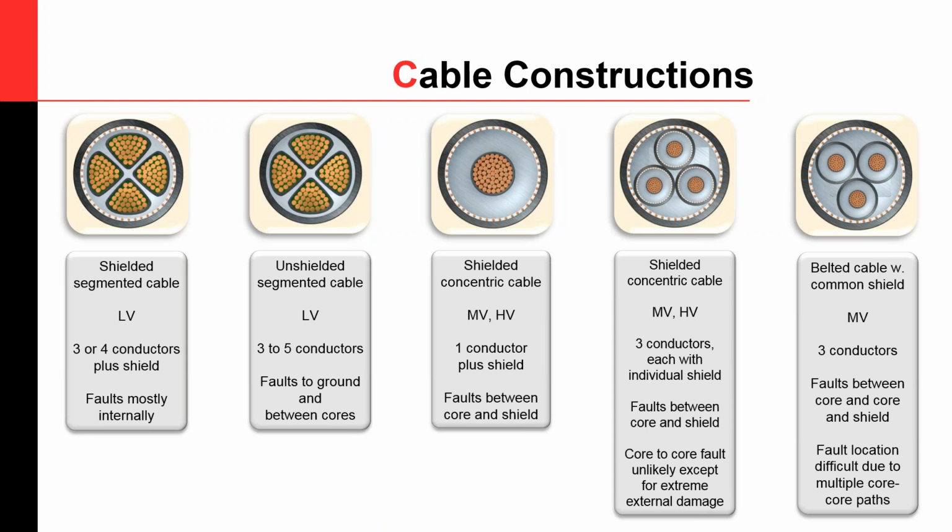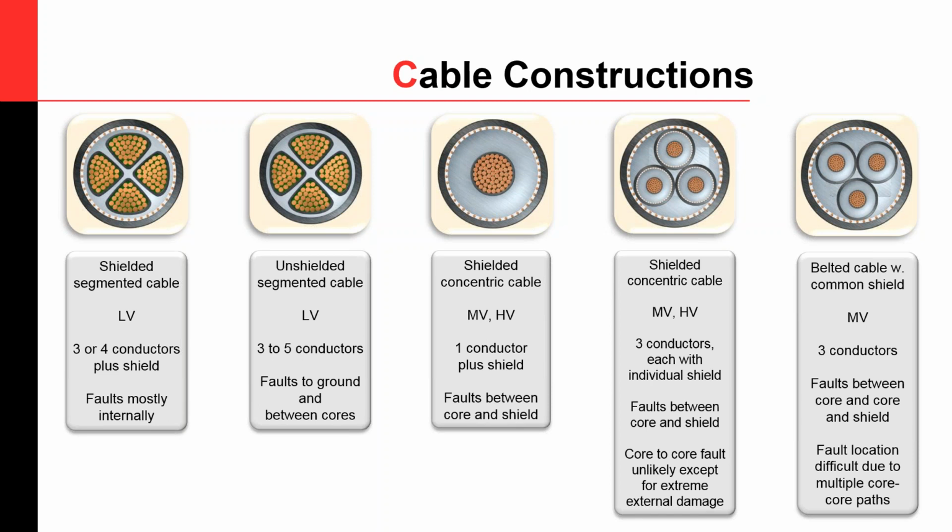Then in the middle, you have the shielded concentric cable, and this is the main type of construction in the medium and the high voltage world. So you have one conductor, then some sort of insulation, and then the shield, the stranded concentric neutral or tape shield, as we will see in a minute.